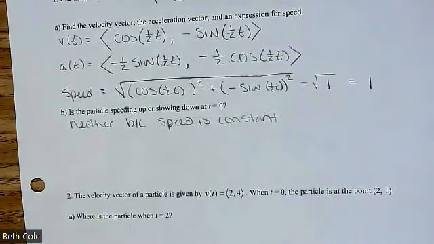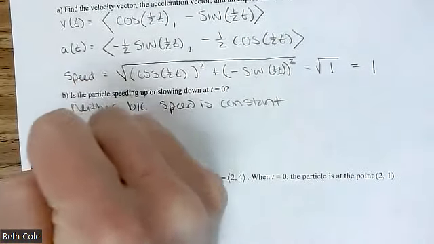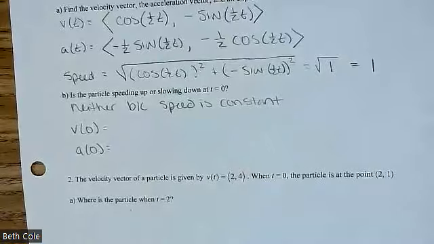I'm still going to go through the explanation of how you would justify that if speed wasn't constant, like how you would check that. You have to look at both velocity and acceleration at whatever time they said. So this says at time 0. So we're going to do velocity at 0 and acceleration at 0.